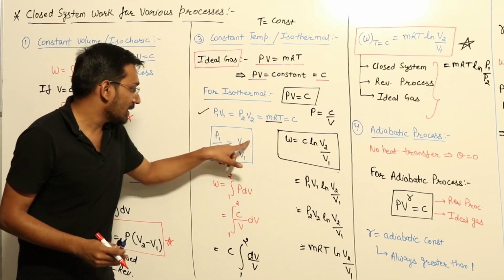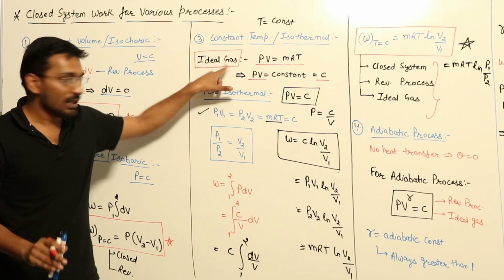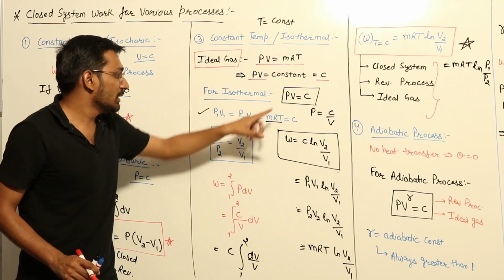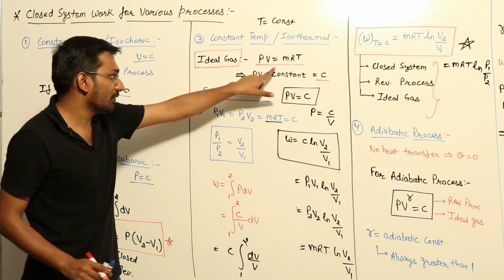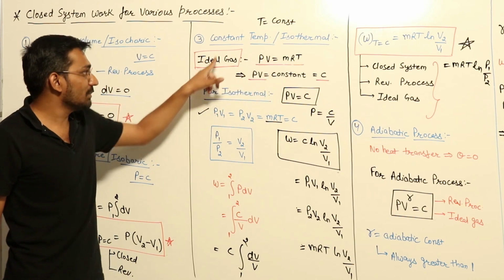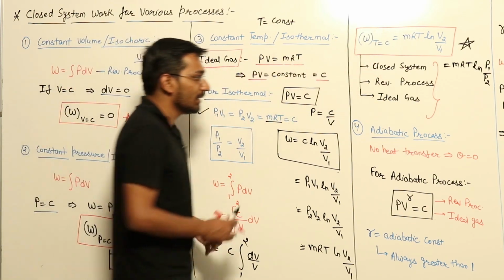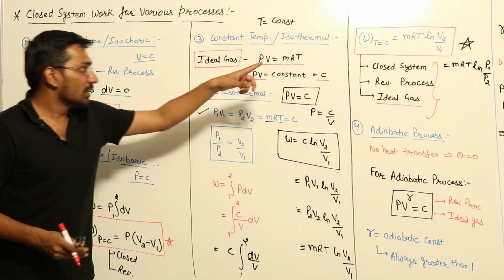These formulas come when we consider that our gas is an ideal gas. If our gas is not an ideal gas, this formula will not hold good. So the first and most important assumption is an ideal gas.